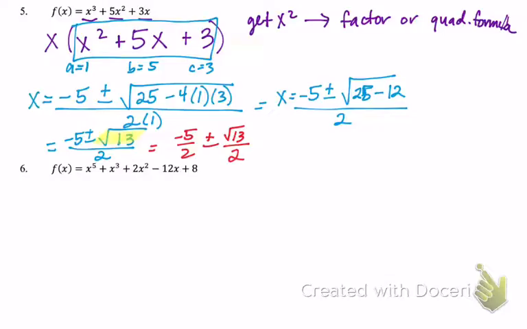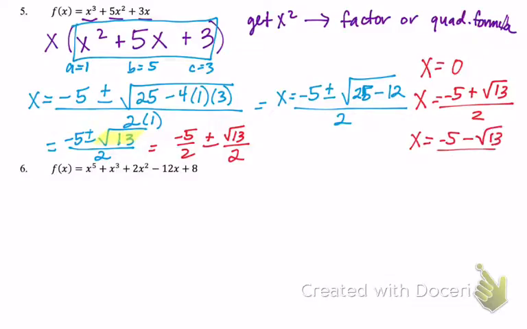So my final answer is going to have x equals 0, x equals negative 5 plus square root of 13 over 2, and negative 5 minus square root of 13 over 2. So that'll be my final answer.